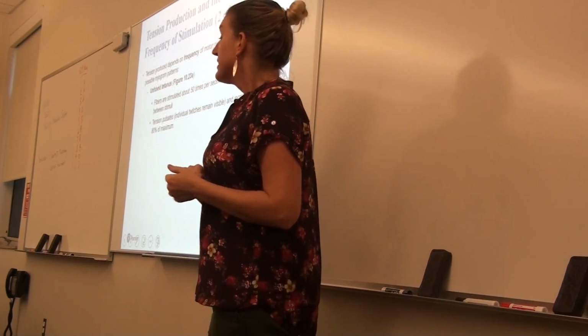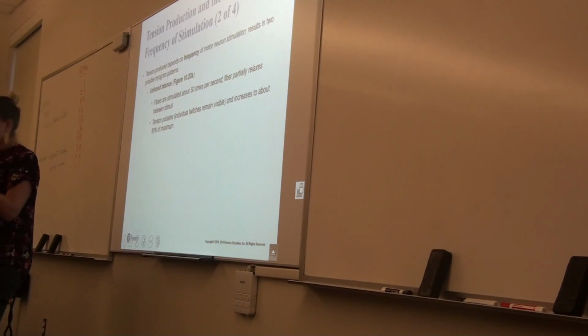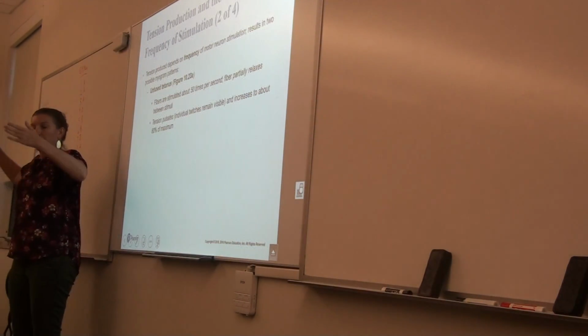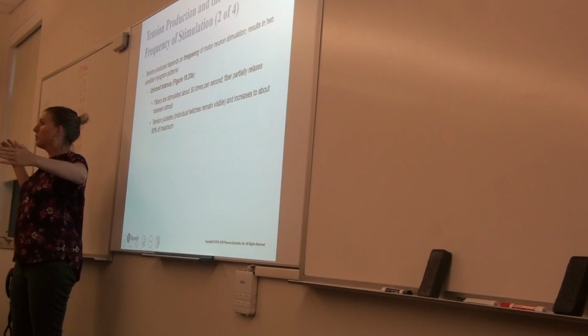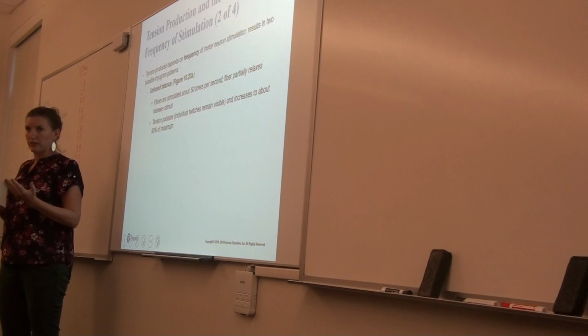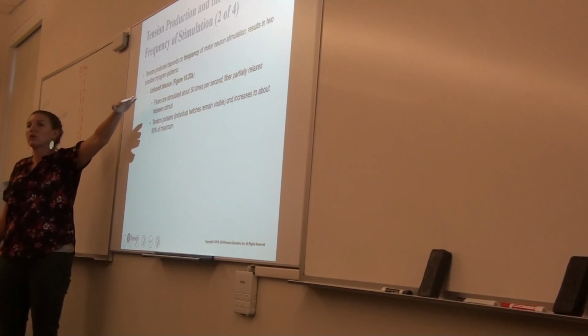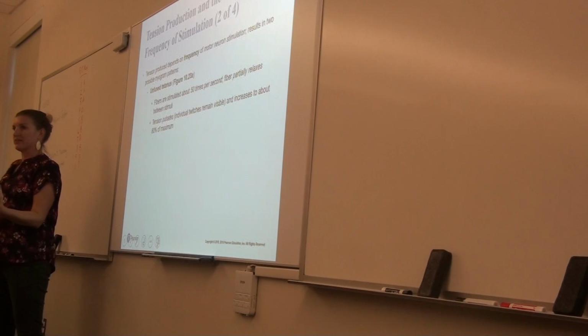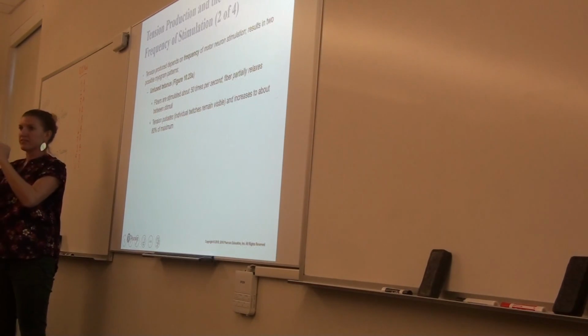So tension depends on the frequency of those impulses, right? So if that impulse is coming at a fairly slow pace, tension won't build that quickly. But if the impulse is coming very, very quickly, we could reach a point called unfused tetanus. So wave summation happens, and then unfused tetanus can happen.